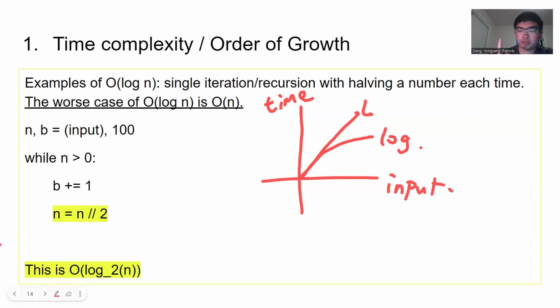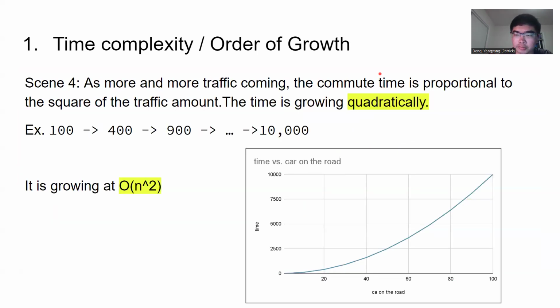So this will be only one operation for 100 to 50 in logarithm. But for linear algorithm, you will have to take 50 steps from 100 to 50 because we only decrease by 1 each time. Here, I'm halving a number, so I'm decreasing a lot of numbers of operations.